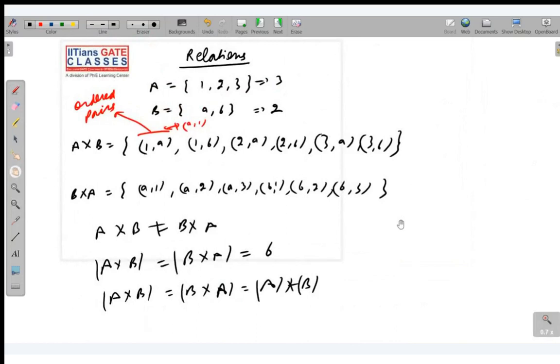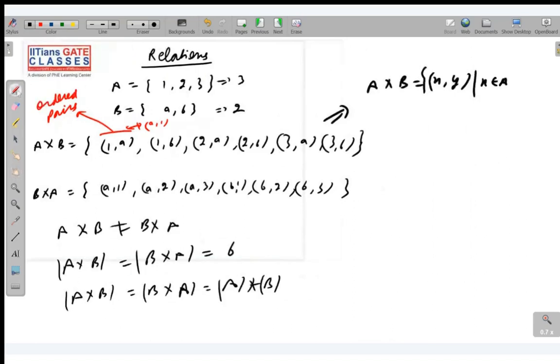Okay. So now let me write the formal definition of A cross B. A cross B is nothing but the set of x, y such that x belongs to A and y belongs to B. Is it okay?